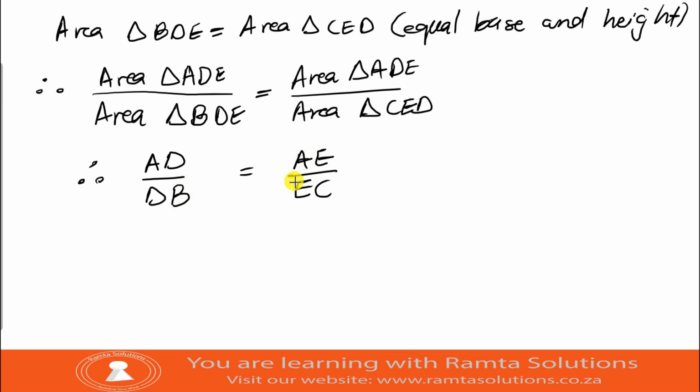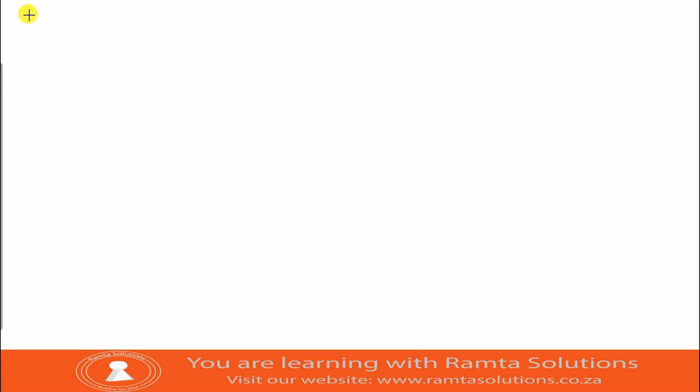Okay? Now, this is the proportion theorem, and this is how you get to use the proportion theorem. So I will tell you that generally, from the proportion theorem, this is what you need to know.